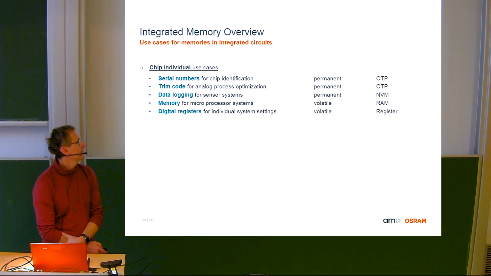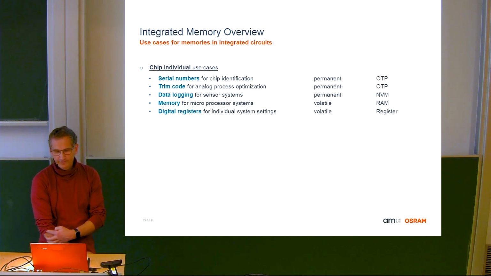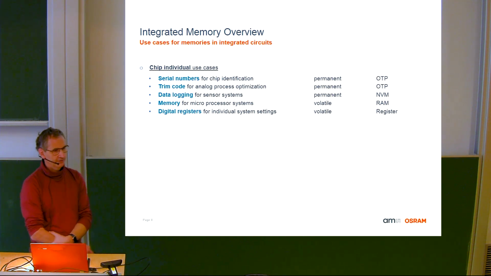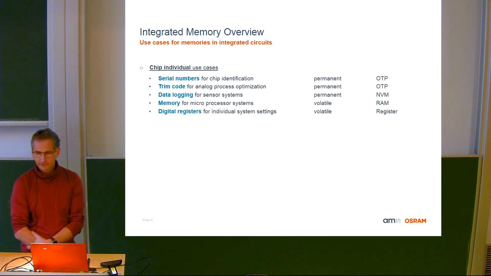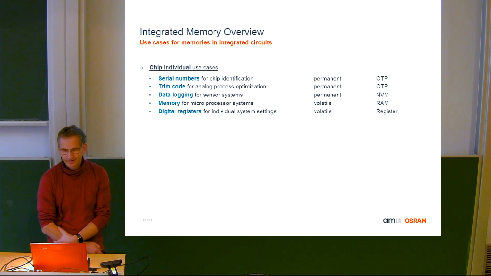Trimming code is always one of the main used fields for memories. Here the use case is also permanent. Each transistor has a certain variation over the process, and sometimes this variation gives you a lot of headaches for simulation, if you have worst case simulations.